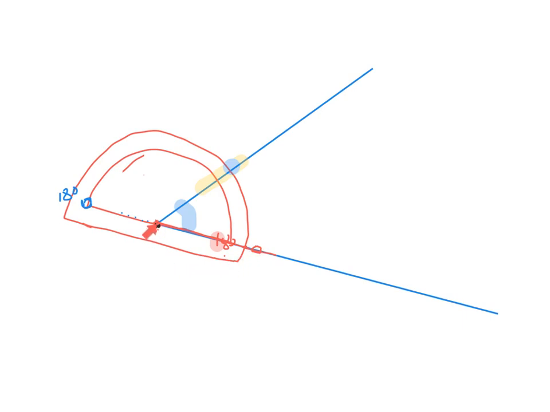So you line up the vertex with that little marker on the protractor, then line up the ray, the side of the angle, with the 0 mark. And then you go up and measure your angle. So on the inside, there might be a 180, and then outside a 0. Then over here, we would have a 0 on the inside and a 180 on the outside. Or sometimes it's switched.